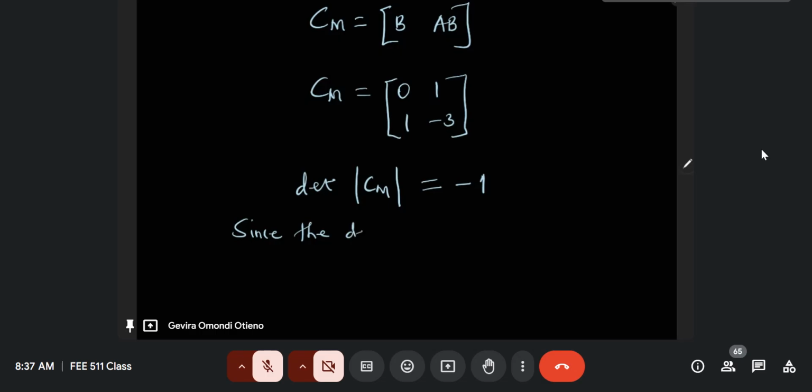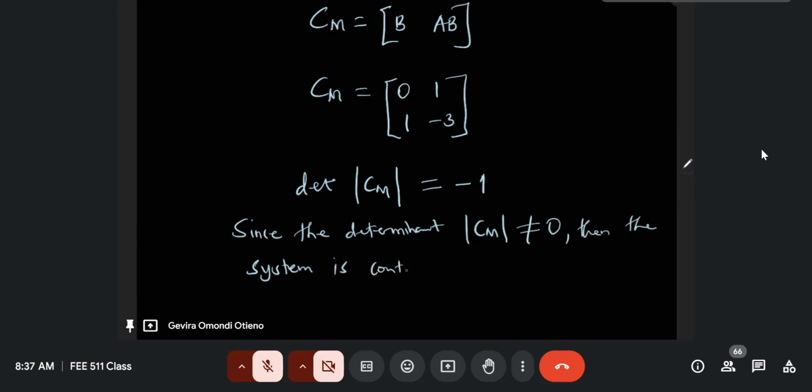Since the determinant of the controllability matrix is not equal to 0, it is negative 1, it is non-zero, then the system is controllable. And let me add, the feedback controller design is possible.